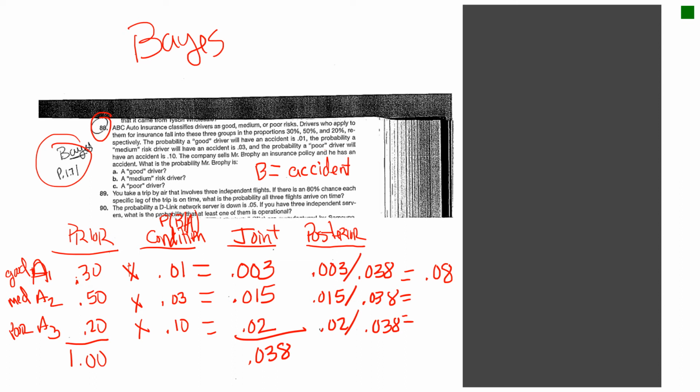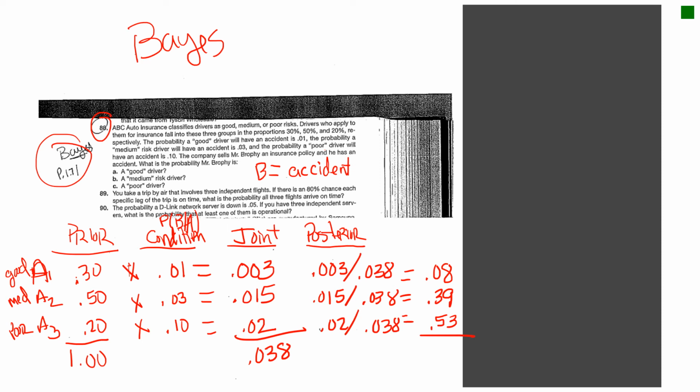Then if I take 0.015 divided by 0.038, that's going to give me about 0.39. Again, that's close enough for me, so you could just say that's approximately 0.39. And then finally, the last one, if you take 0.02 and divide that by 0.038, you're going to get roughly 0.53. So I'll put 0.53 there.